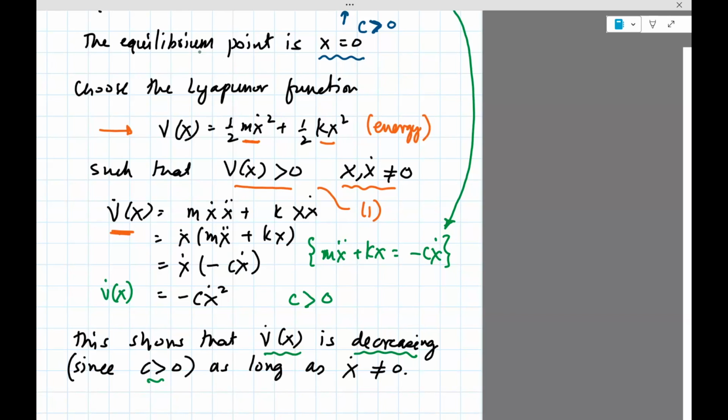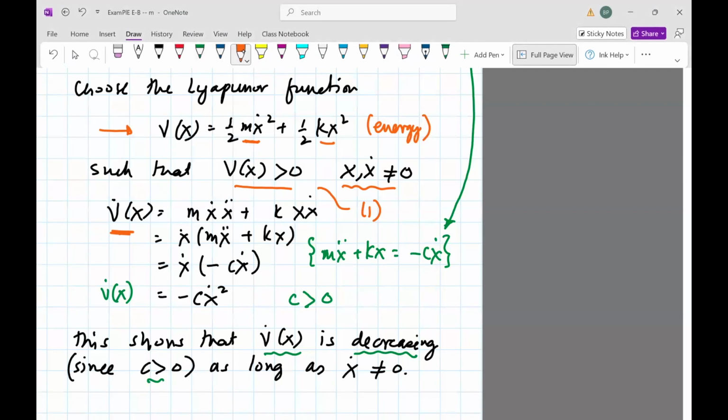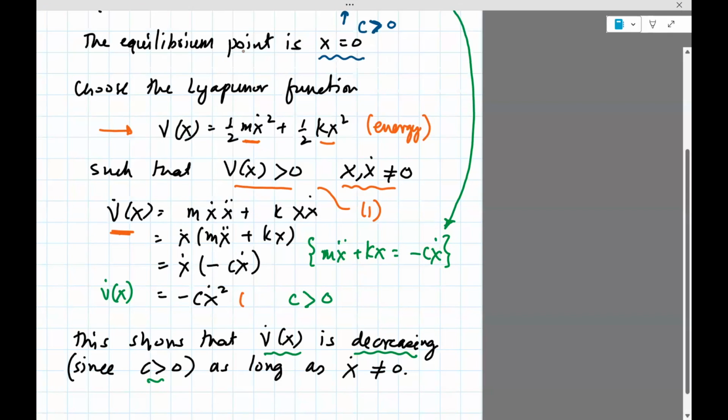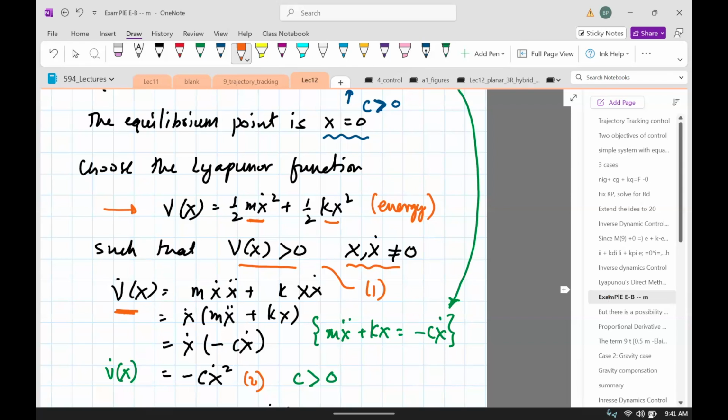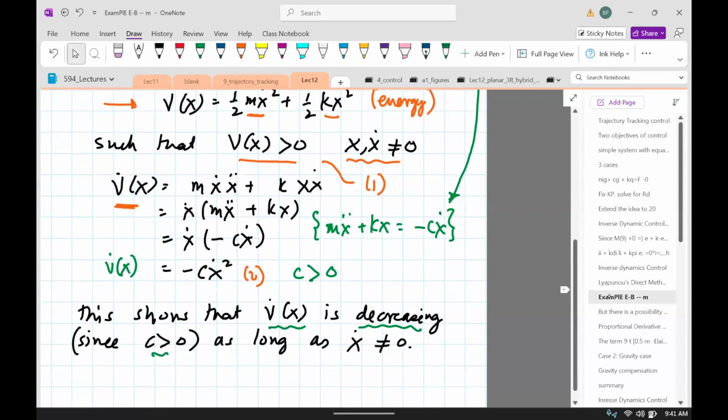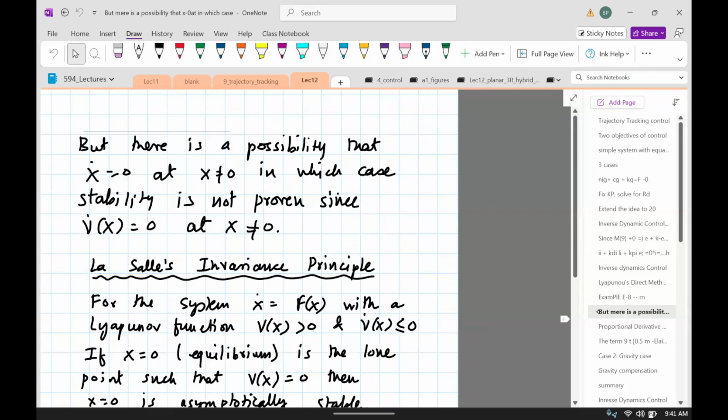So we know that the V of x which we assumed actually satisfied the second condition, that V dot of x is less than or equal to 0. It is 0 when x dot equals 0, but otherwise it's less than 0. So it is decreasing.